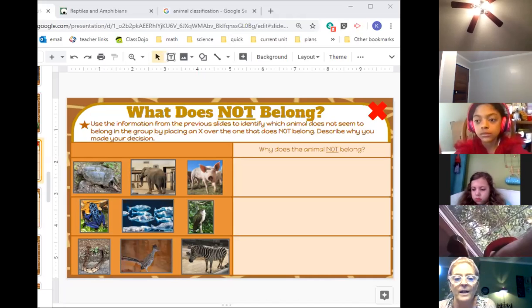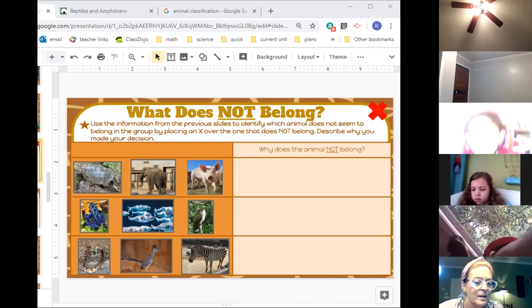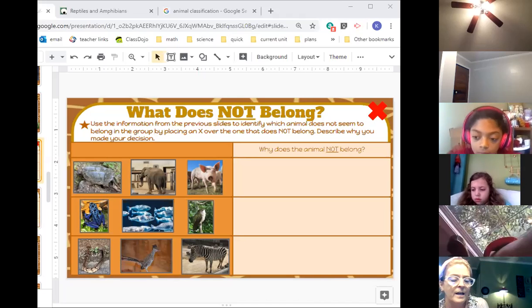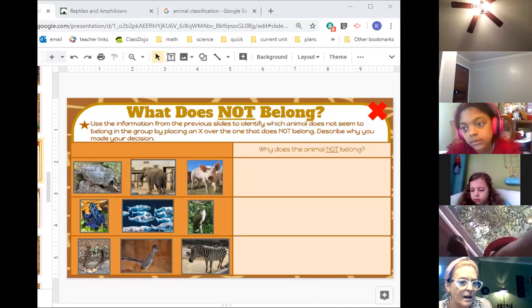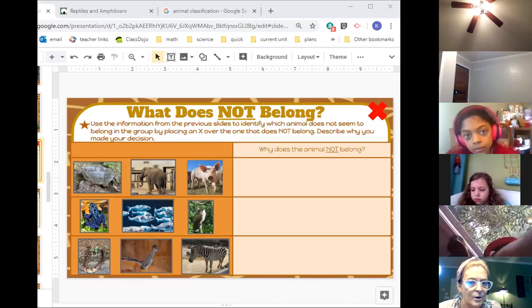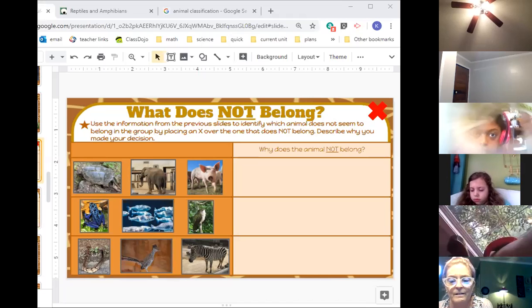Okay, so we had one idea from Ryland that the bird and the zebra were both warm-blooded, and then a couple of you noted the snake being a reptile. So I don't know if we all came to an agreement on that one.